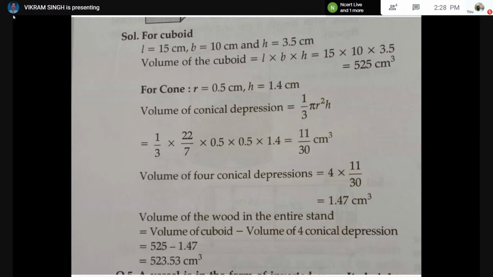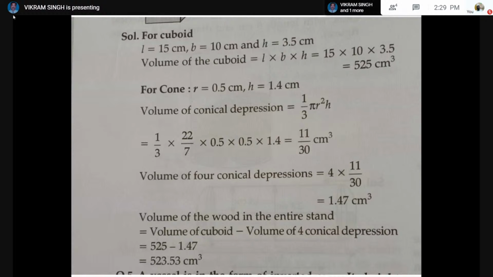After putting all the values, the volume of a depression is 11 upon 30 centimeter cube. After multiplying by 4, because we have 4 such depressions, it becomes 1.47 centimeter cube. So the volume of wood in the entire stand will be the subtraction of the 4 depressions from the volume of the cuboid. So it will be 525 minus 1.47, which becomes 523.53 centimeter cube. This is all about the solution of this question, numbered 4.